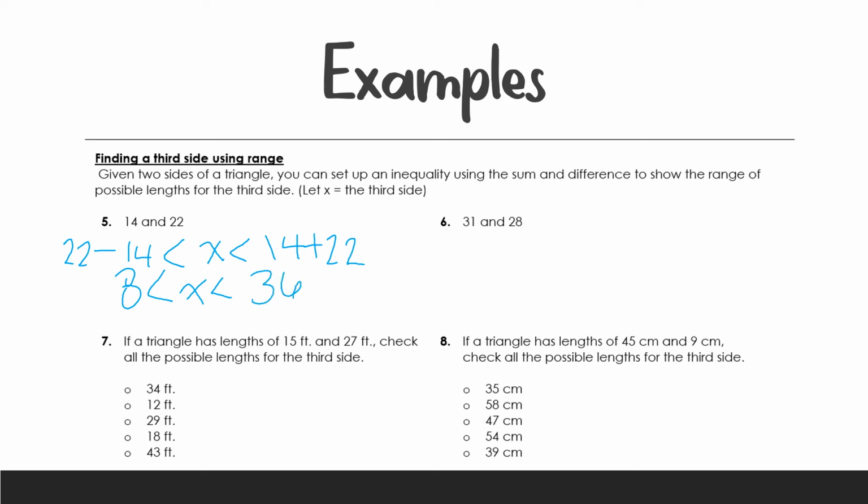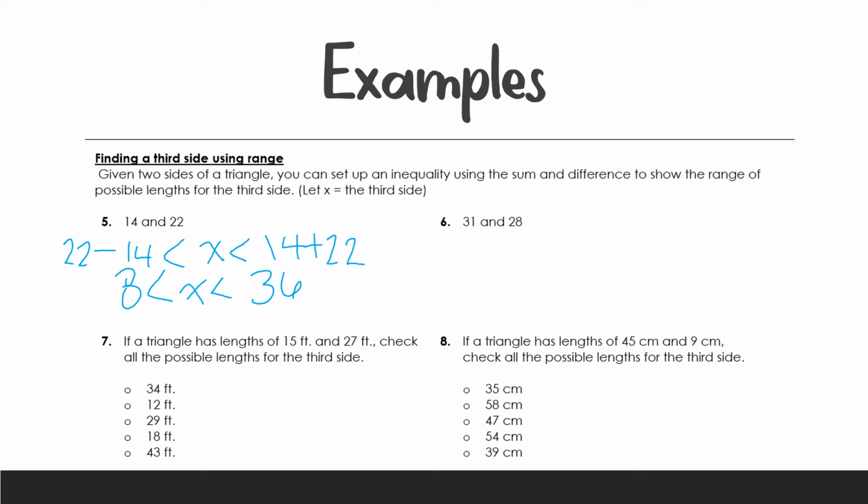So our missing side has to be anything between 8 and 36. It's got to be greater than 8, so it couldn't actually equal 8, so 8.1 would be fine, and same thing, it's got to be up to 36. Anything in that range will form a triangle, and anything 8 or lower would not form a triangle, and anything 36 or higher would also not form a triangle.